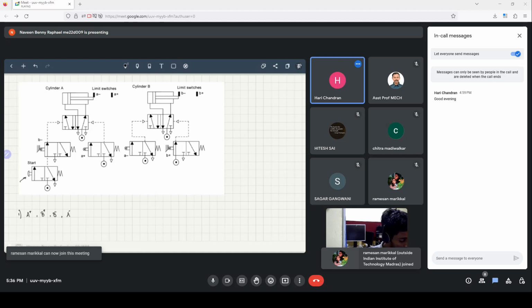The question is essentially what is the order it's going to be pushed and pulled. Like this means that first cylinder A is pushed, and then cylinder B is pushed, and then cylinder B retracts, and then cylinder A retracts. But this is just an option, it might not be right.